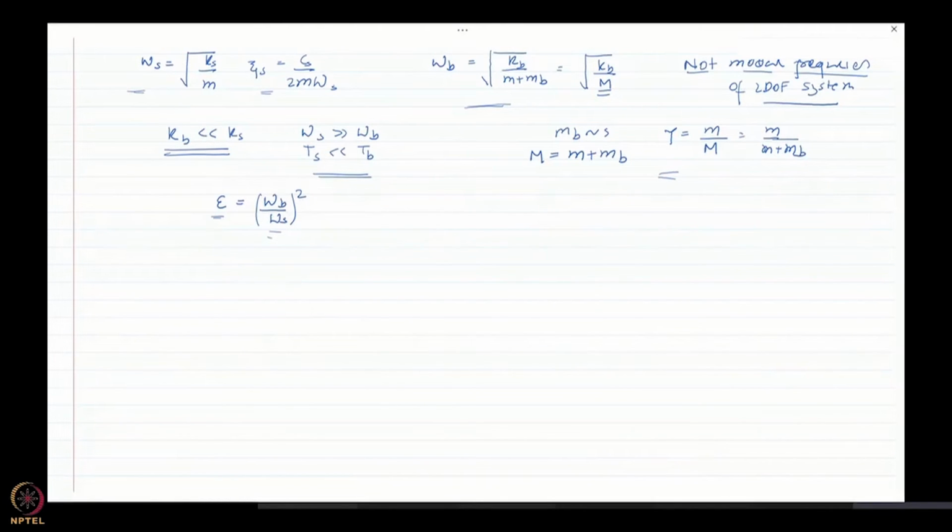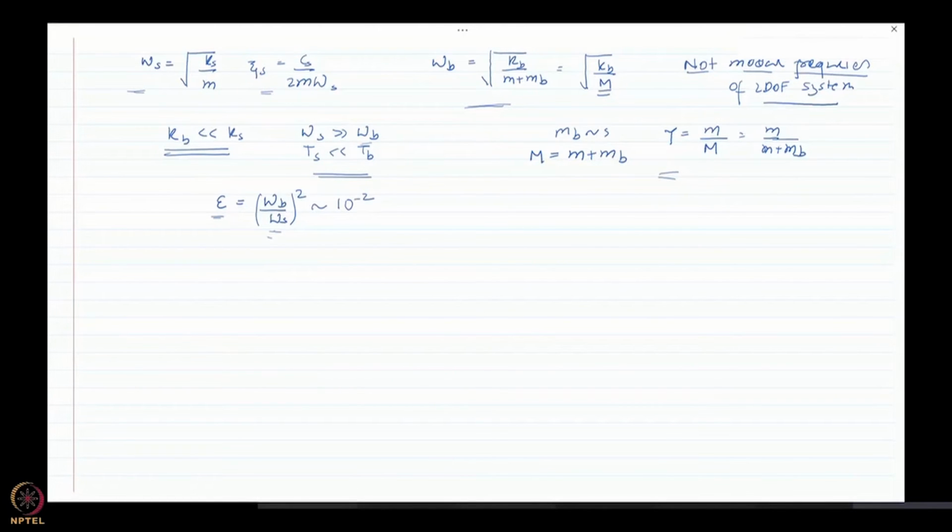Now, omega B, which is the base isolated frequency, is much smaller than omega S, the superstructure frequency, which is much larger. What we typically observe is that this is of the order of 10 to the power minus 2 or smaller. Because see, I'm comparing the square of the quantity.